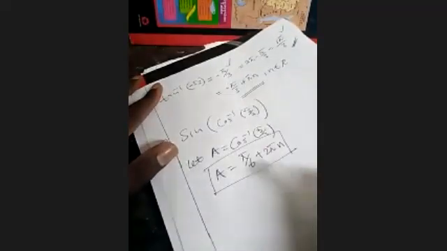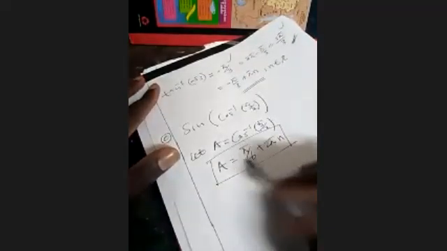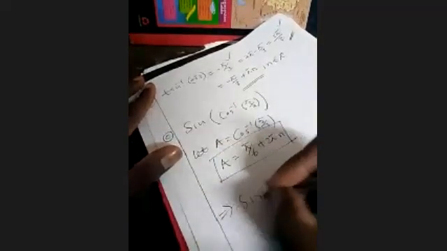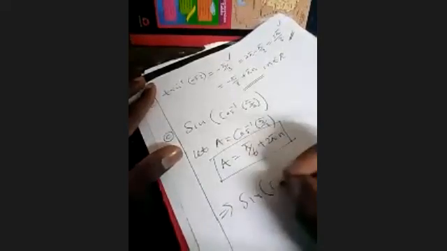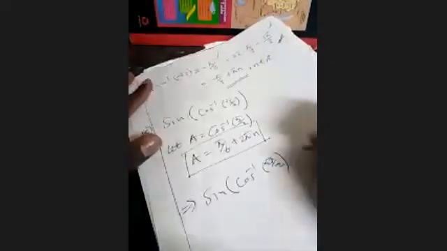So one possible value is simply picking the same pi over 6. So this implies that sine of cosine inverse of root 3 over 2 is pi over 6.